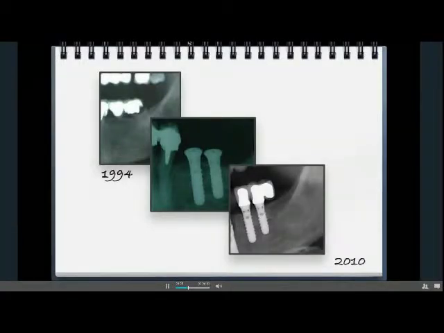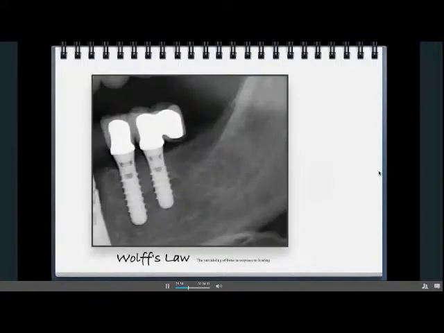If we look from 1994 to 2010, we can see that the bone around the implants has a very strong pattern, bone saturated with minerals, which is lamellated bone. And the area where the tooth was extracted and grafted with autogenous bone doesn't look as strong, and it looks more like a woven bone.